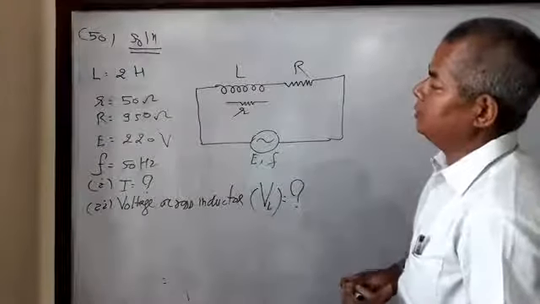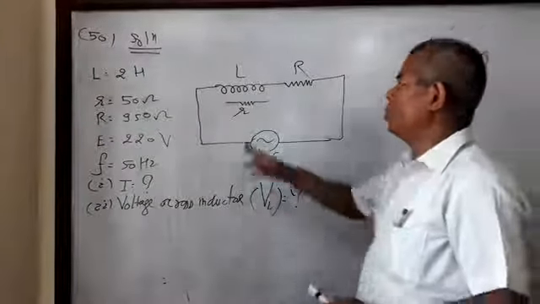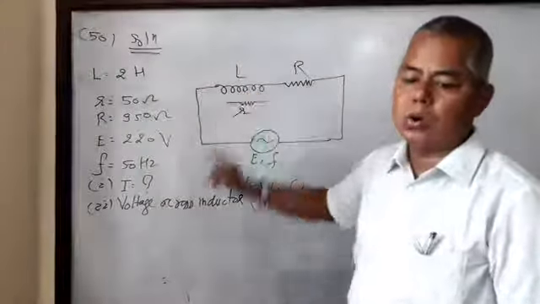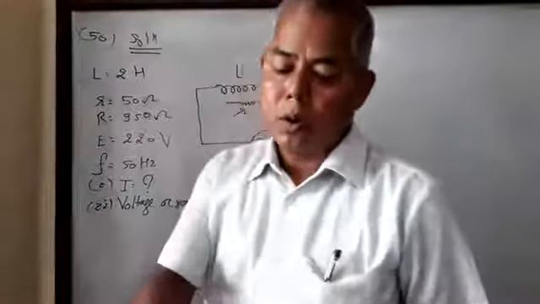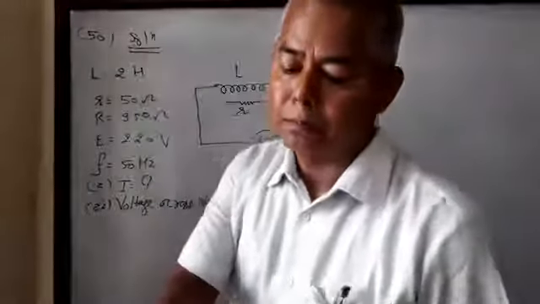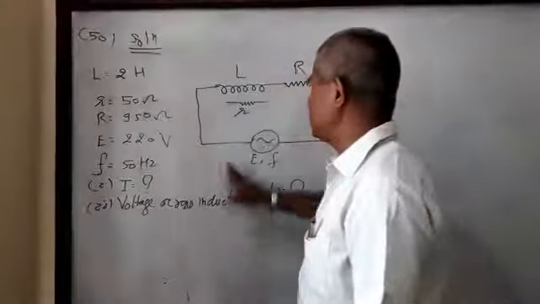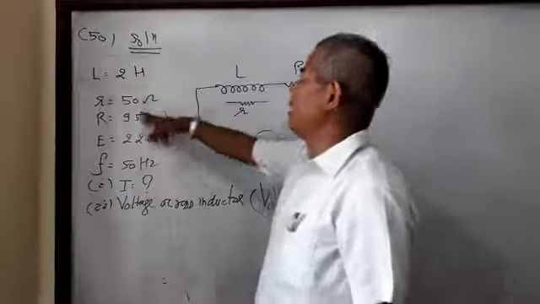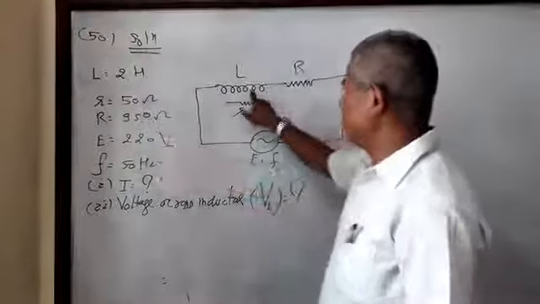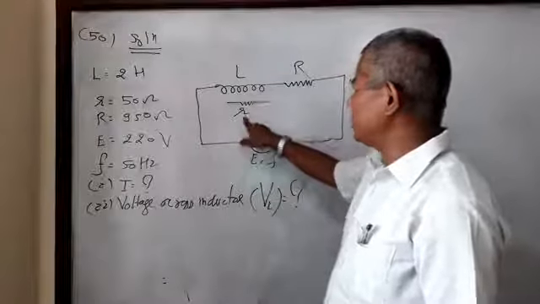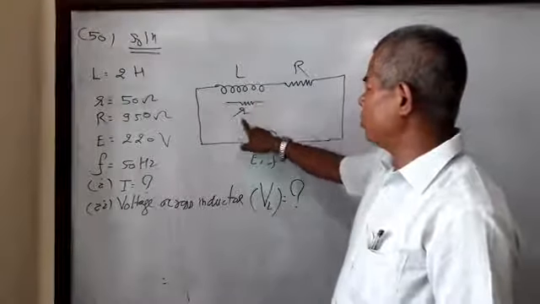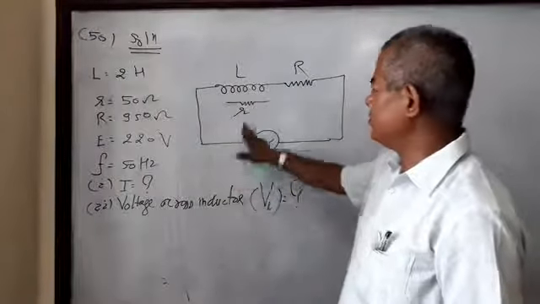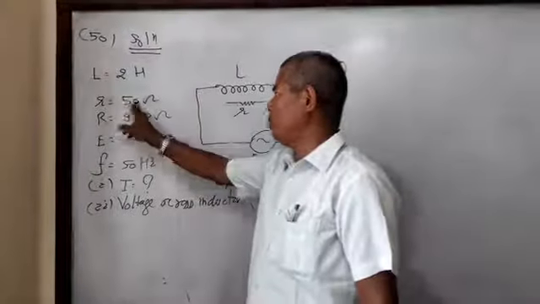Listen again. This is an iron core coil, whose inductance has value 2 Henry. This is not pure, which means it has ohmic resistance, that is internal resistance, 50 ohm.